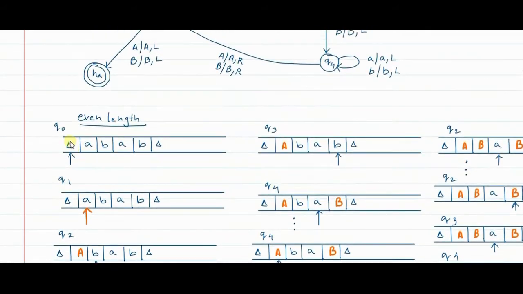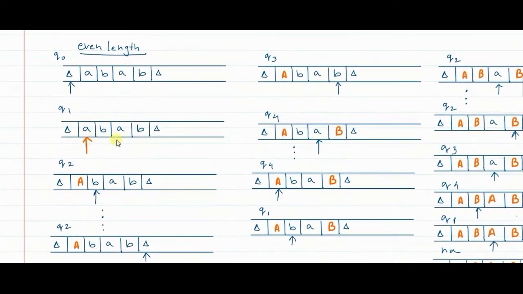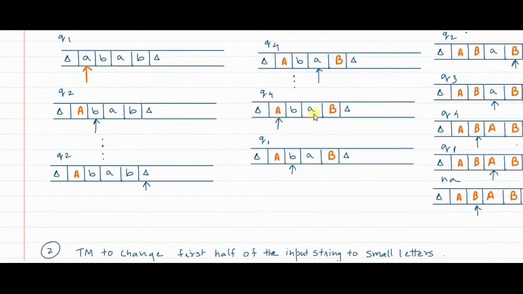You see, we started from here and one full iteration is done, and we have come back to Q1. When you come to Q1, you realize that for the leftmost symbol we have found a matching rightmost symbol, and the process is now repeated for the next symbol. So far we have found an even string.